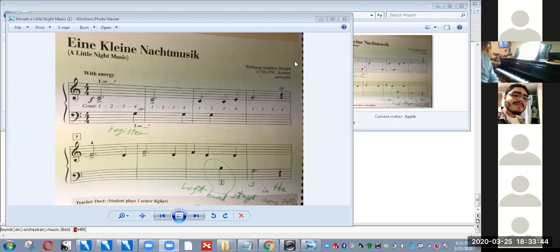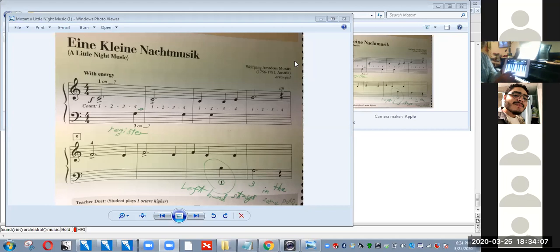Try again. That sounds very high pitched to me, so you are using a lot of the right side of the keyboard. I want you to play the middle notes, and then it's going down to the left side.